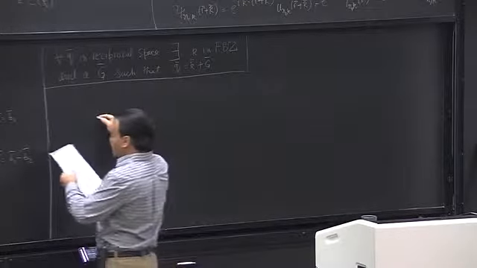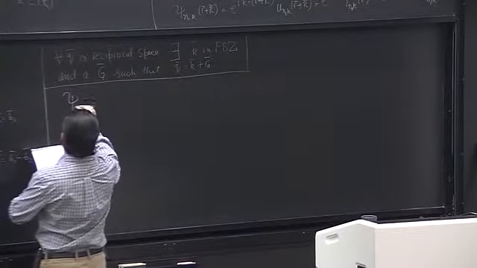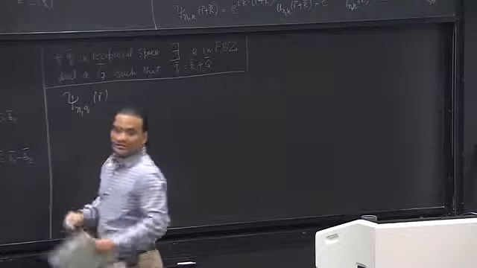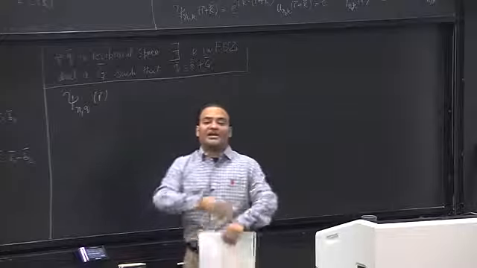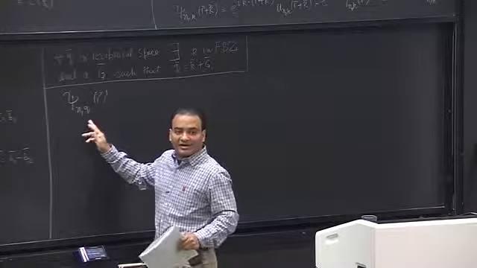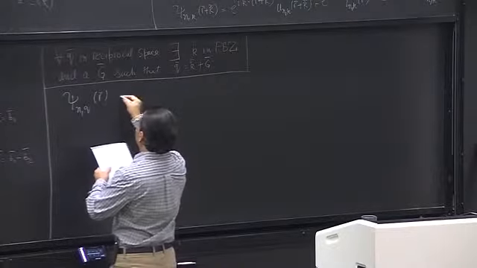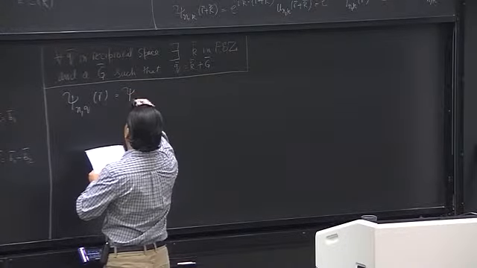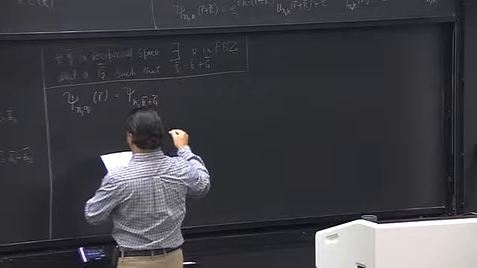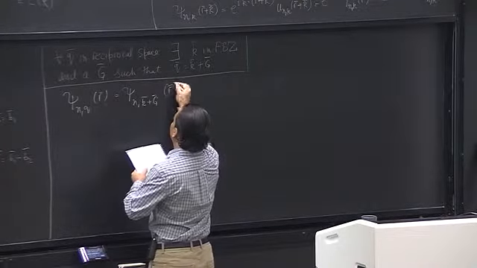What that means is, if you're interested in finding psi n q of r, that is, the momentum can be any vector in the reciprocal space, this can always be written down as psi n k plus G of r.